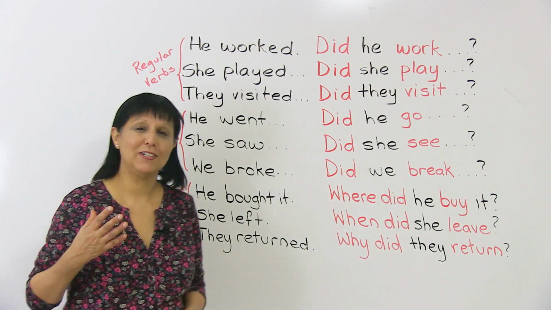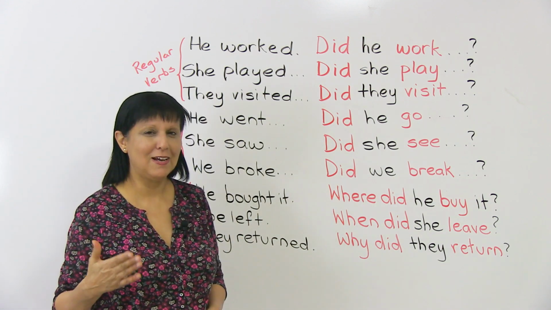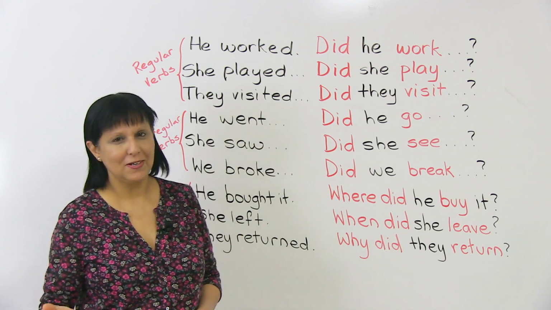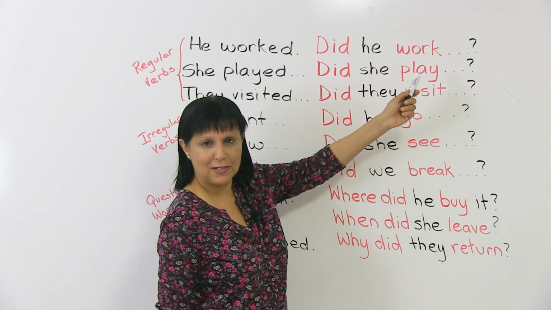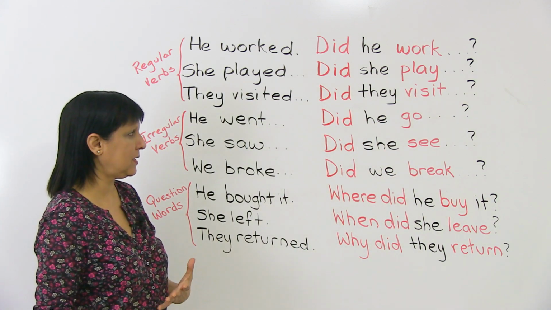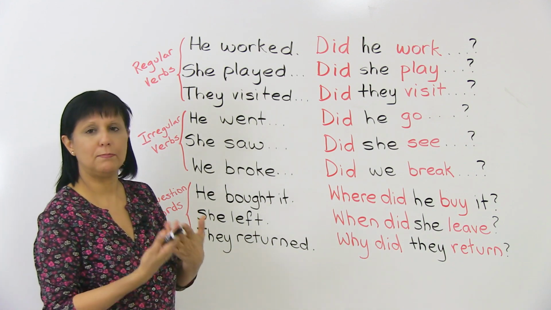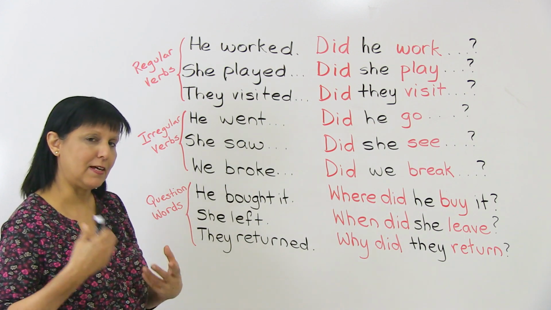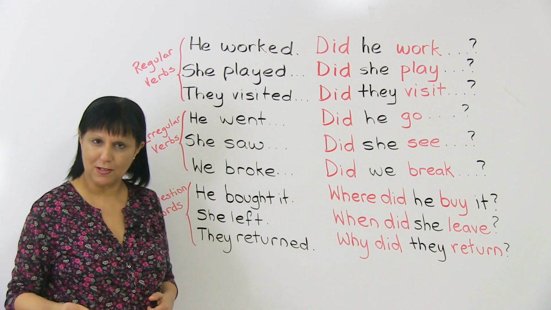I know you're going to get really tired of hearing me say that, but I'm saying it that many times to help you remember that we do come back to that in all cases, with regular verbs or irregular verbs. Okay? There is a pattern to it. Did he go? Did she see? Did we break? Try to hear it. Try to say it aloud as much as you can as well.